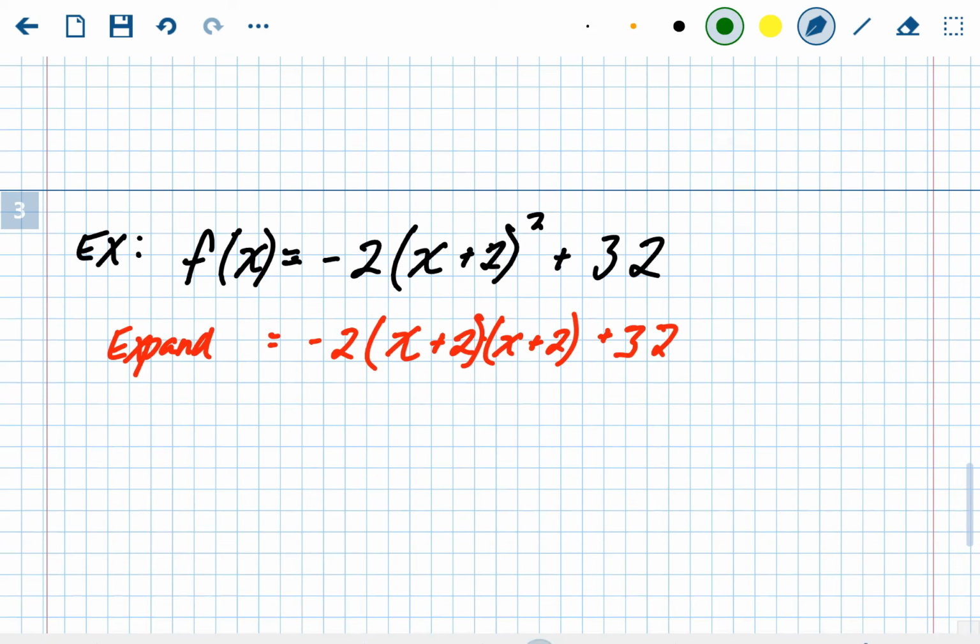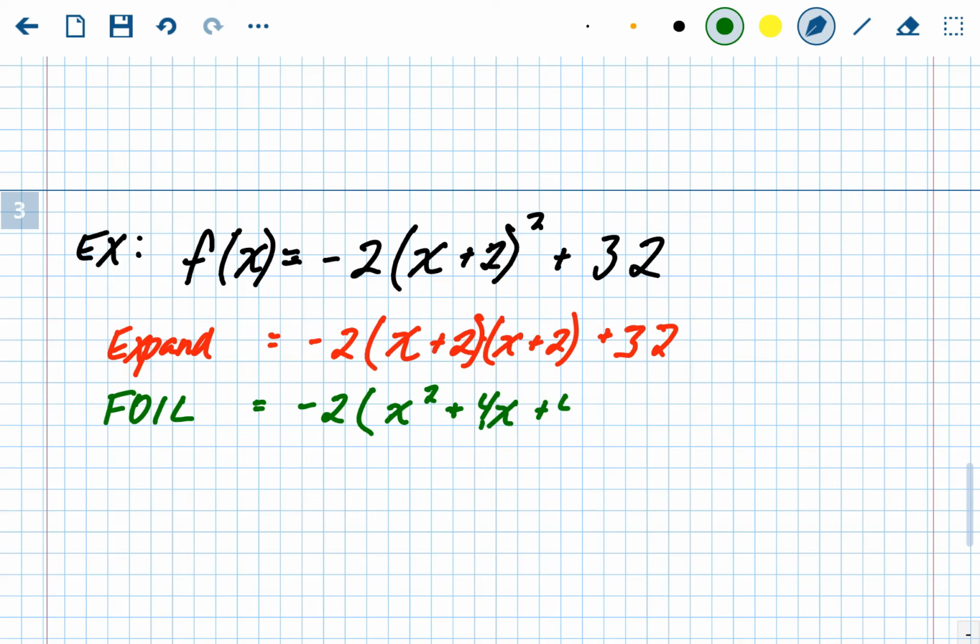All right, then we're going to FOIL. The -2 stays outside. X plus 2 times x plus 2 is x squared plus 2x plus 2x, inside, outside, that gives us 4x plus 4, plus 32.